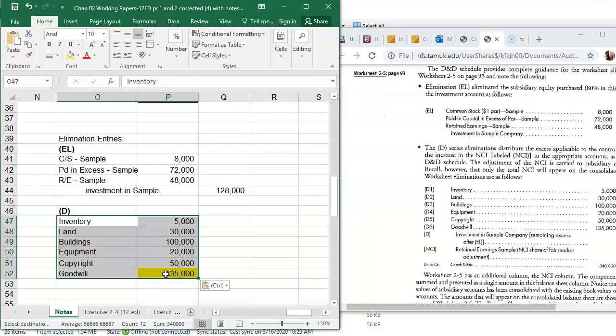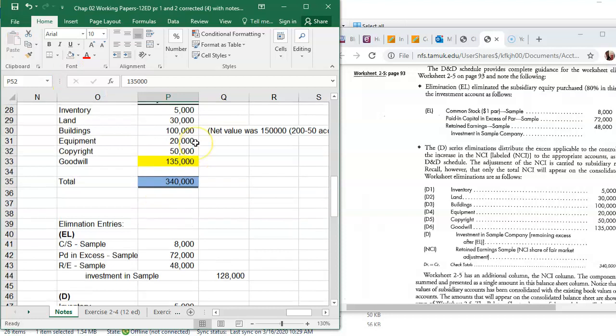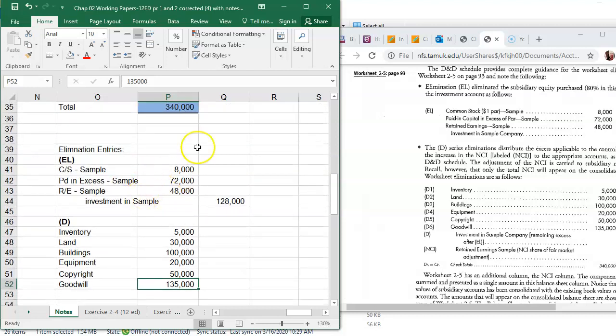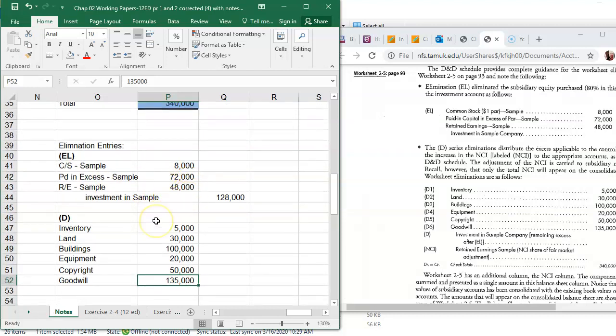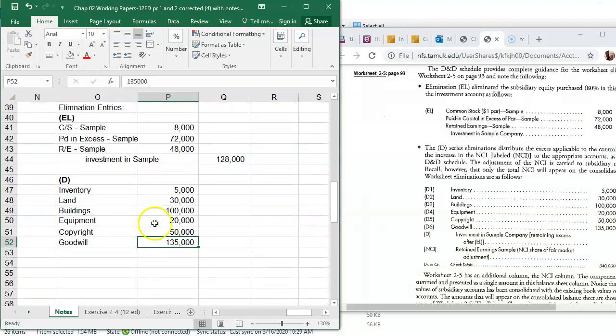Remember that all this is being done at the full 100%, as if I bought the whole thing. So all these adjustments are recorded at the full 100% regardless of my ownership. I take care of the ownership right here with the stock. Then I know that I have to credit the investment.